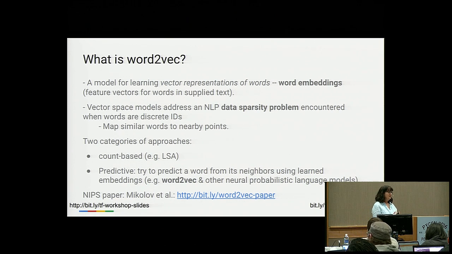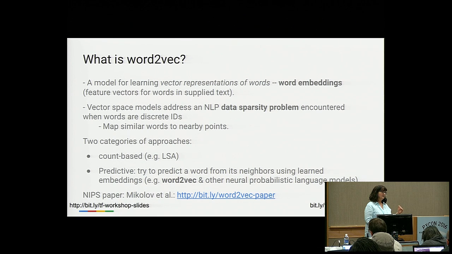So, cat is 1, dog is 2, tree is 3. Assigning those discrete values to your words is very information poor.